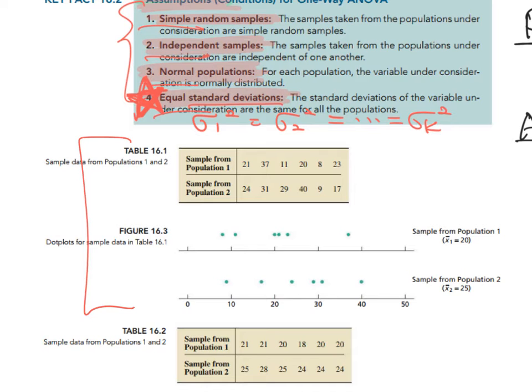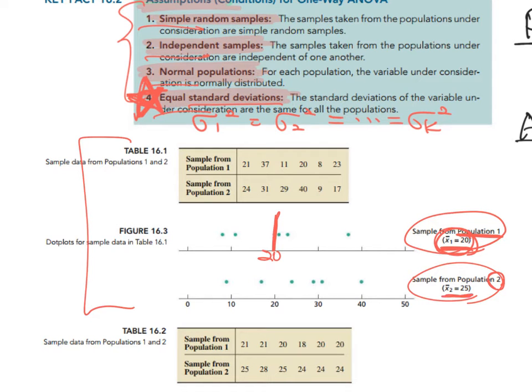Okay? So now here are two groups. Here is sample number 1 from population number 1. The sample mean is equal to 20. It's here, that is 20, right? And here is sample number 2 from population number 2.